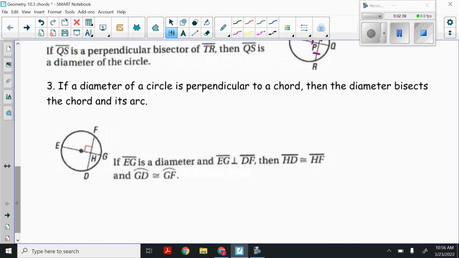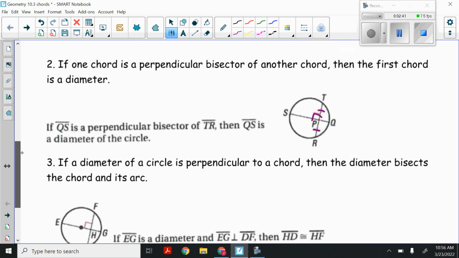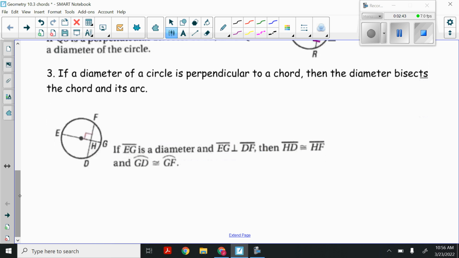So this is kind of like the converse of the one above it. Okay? So if EG is a diameter and EG is perpendicular to DF, then HD is congruent to HF, and arc GD is congruent to arc GF.